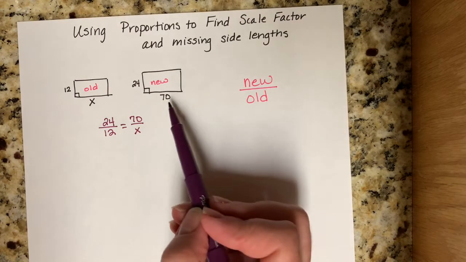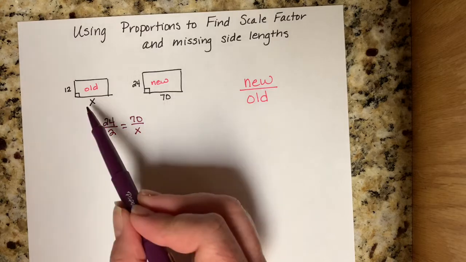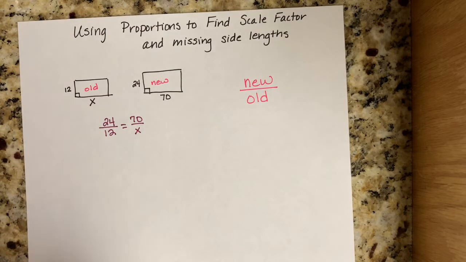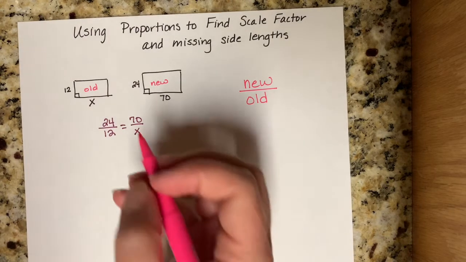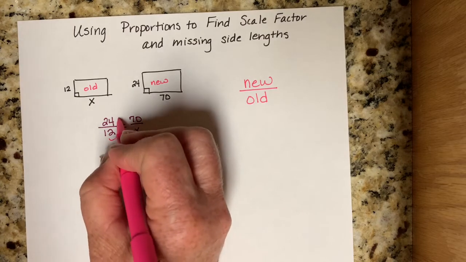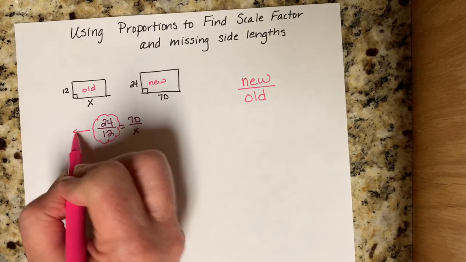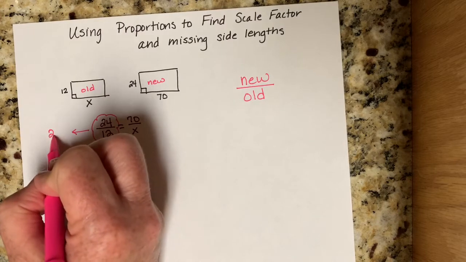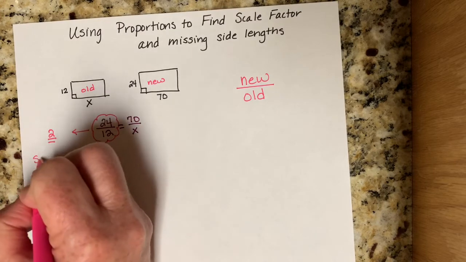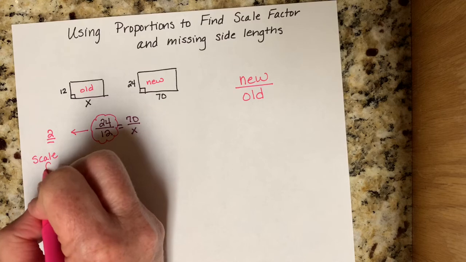And I get 70 over x because I'm putting the new figure over the old figure. Well, the first thing that I will notice is that the fraction or ratio that is complete is actually my scale factor. So it turns out that 24 over 12 is really equal to 2. That means my scale factor is 2.